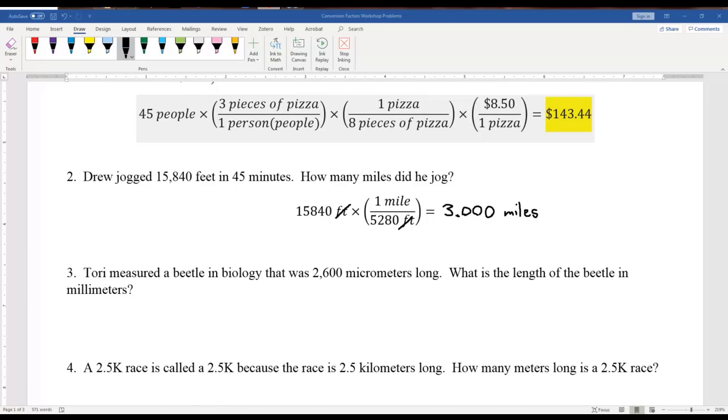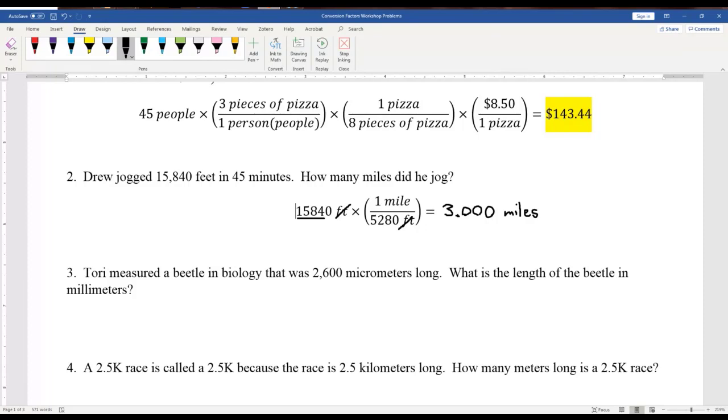Well, actually, the interesting thing here is how many significant figures are in the 1 mile for 5,280 feet? Actually, it's unlimited, because 1 mile is equal to 5,280 feet is a definition. So it has unlimited significant figures. However, the 15,840 feet has only 4 significant figures.